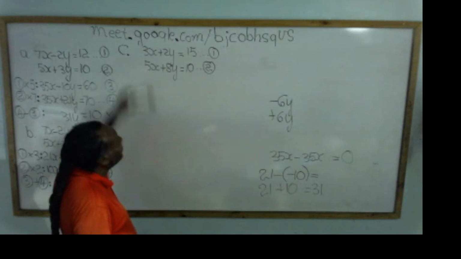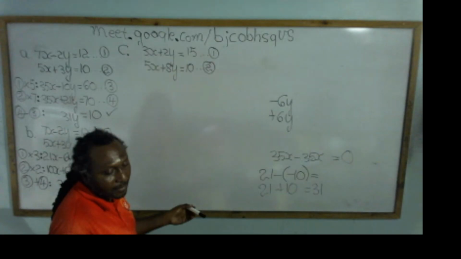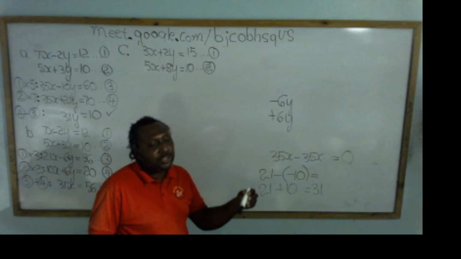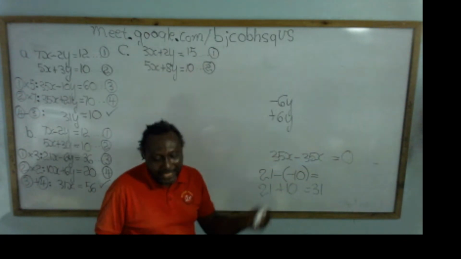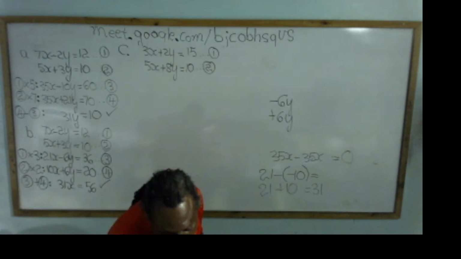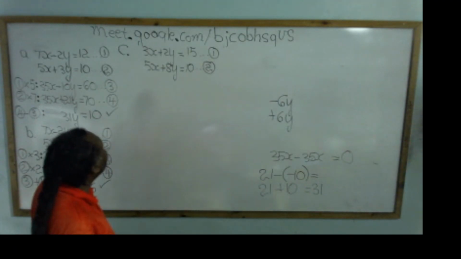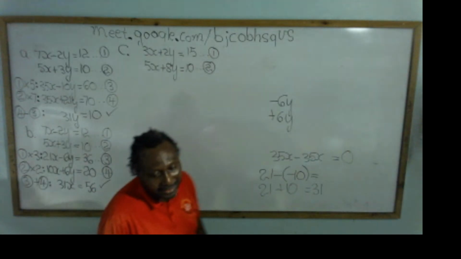That will work. But when you're solving a pair of simultaneous equations, you need to go for what? Time and space efficiency. Multiply by 3 and 5. That's nice. That will work.